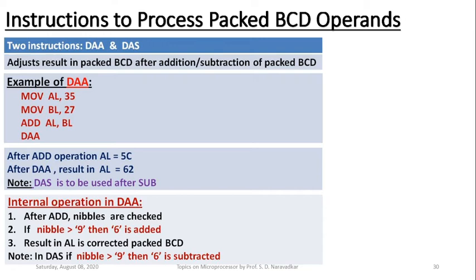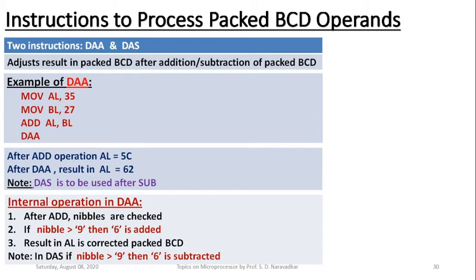Then in the second step, in the internal operation, if a certain nibble is greater than 9, then 6 is to be added to that particular nibble. So out of that 5C here, the upper nibble is 5, certainly not exceeding, but the lower nibble is C, exceeding 9. So C plus 6 will be added here.